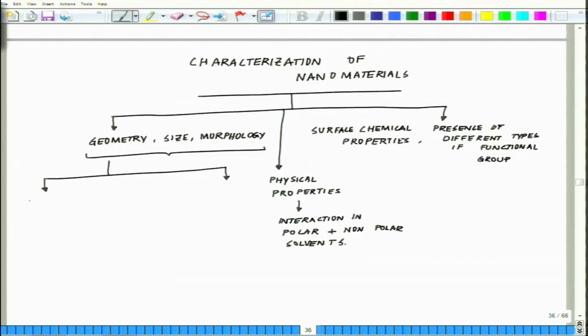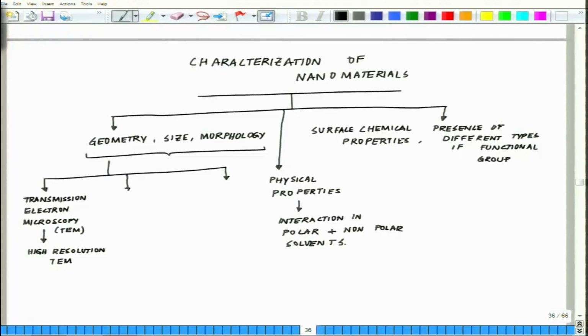So, you have transmission electron microscopy, and sometimes we go at a high resolution, in short you can call it TEM, high resolution TEM.